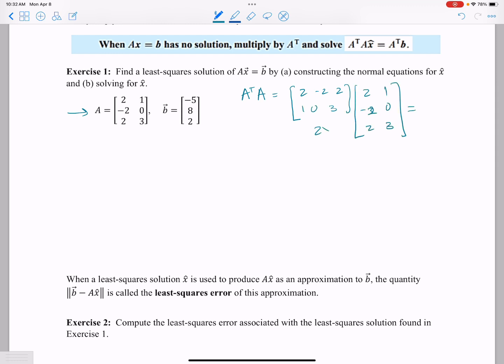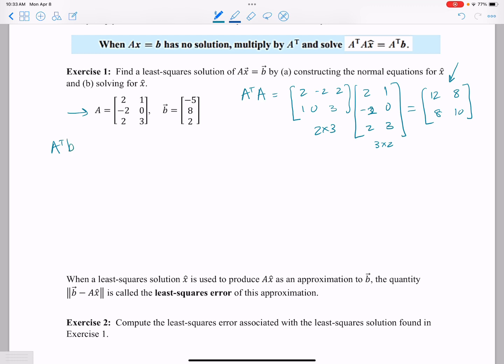Notice this is a 2 by 3, this is a 3 by 2, so our output is a 2 by 2. Multiplying out, we get 12, 8, 8, 10. I just want to point out that this matrix, A transpose A, will always be symmetric. In other words, if you fold it along the main diagonal, it'll be the same.